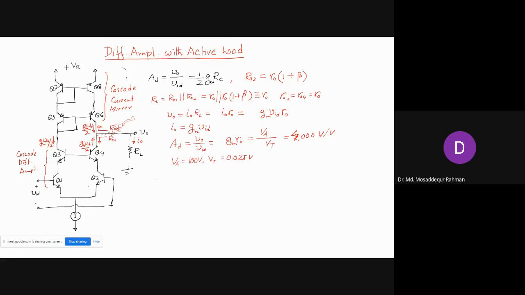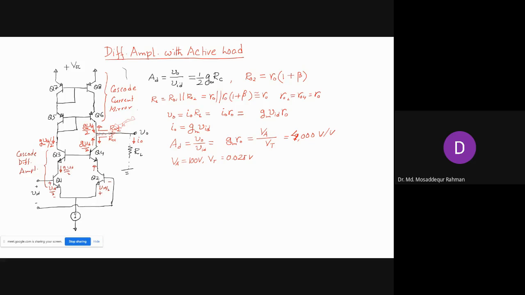Like vid here, we will have vid by 2, plus and minus. So you see the current here is flowing gm vid by 2, the emitter current and the collector current.